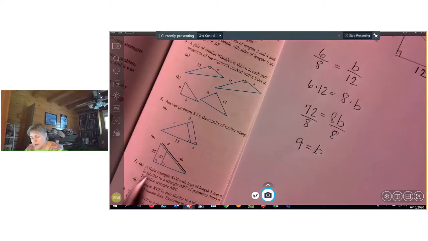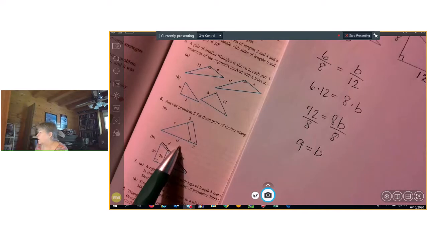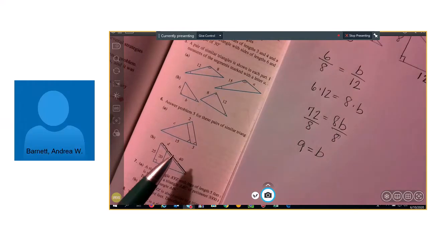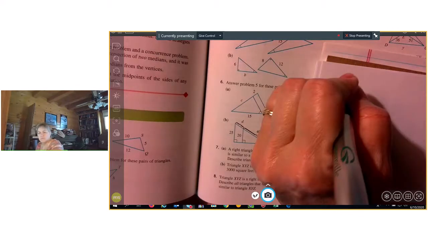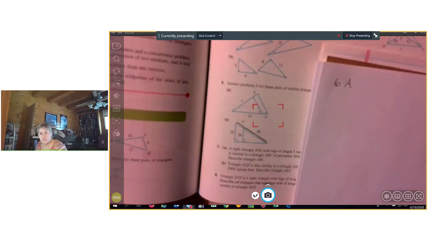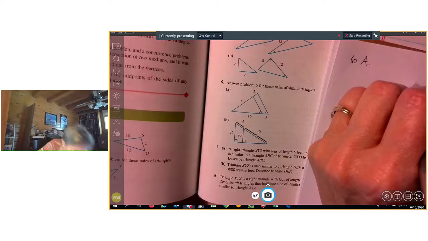Now, look at this one. And I'm going to pause the recording. Okay, so for 6A, you have a triangle within a triangle.